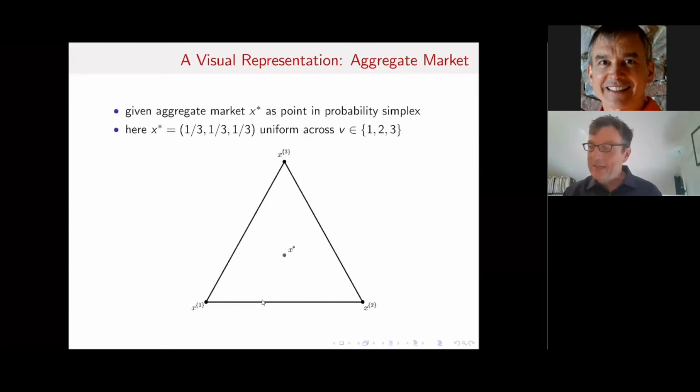Any point in the interior is going to give me a market where I find all 3 valuations. The barycentric point, the center of the probability simplex, is at 1/3, 1/3, 1/3. And that's the market that we're going to look at. So the aggregate market looks like it's uniformly distributed between 1, 2, and 3. That's our leading example today, but the analysis will be general.